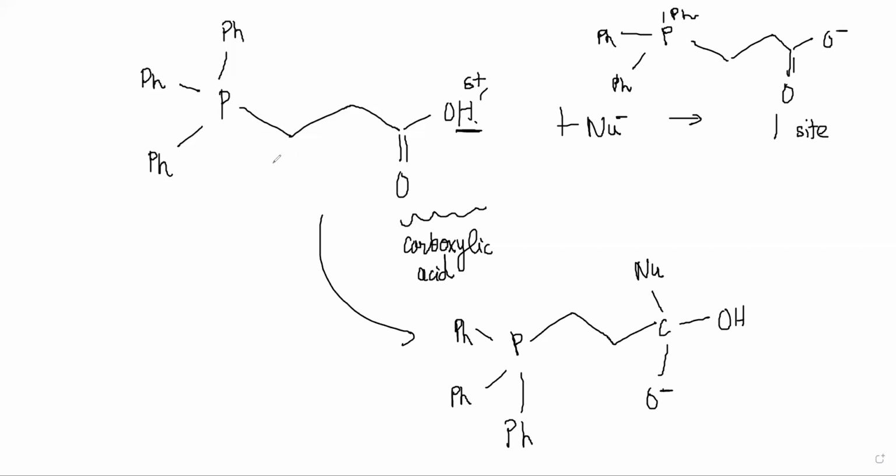However, in this case, there is a third possibility also, because if you think of the phosphorus here, these PPh groups will have a little bit of an electron withdrawing tendency. Phenyl group is basically C6H5.